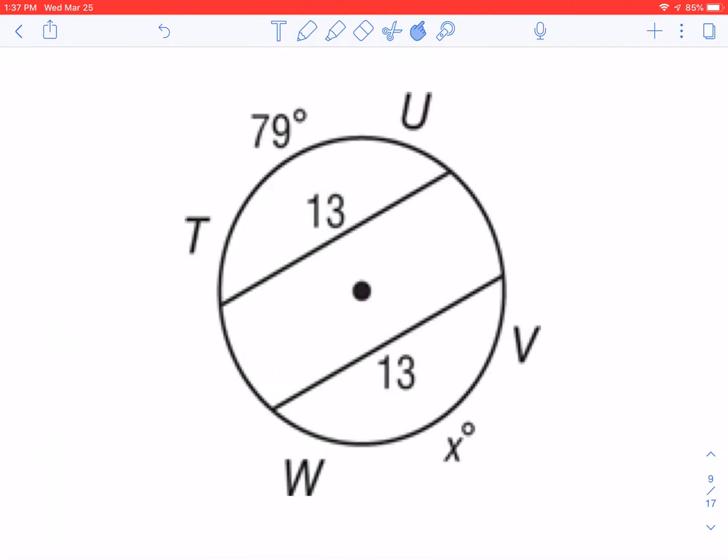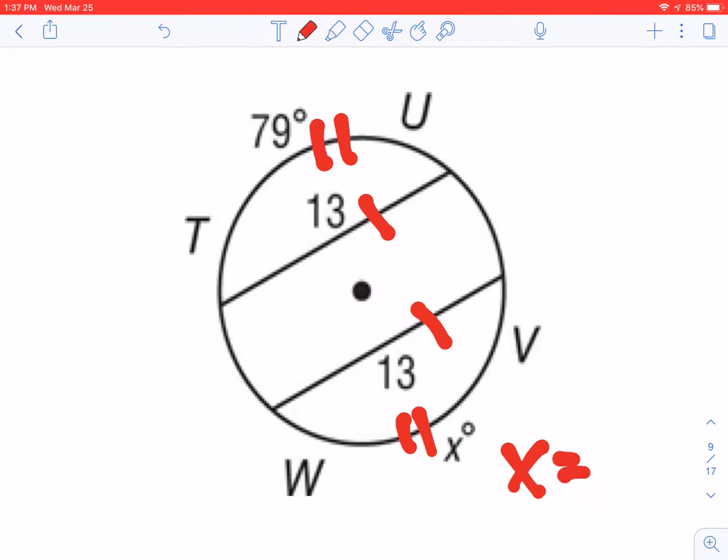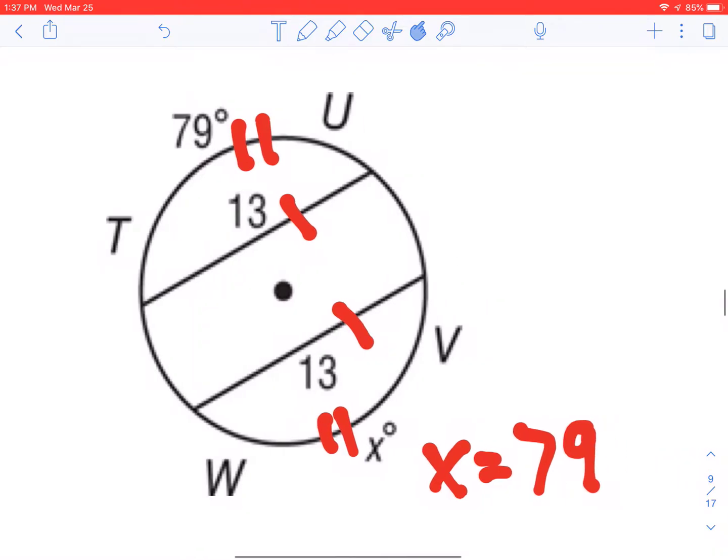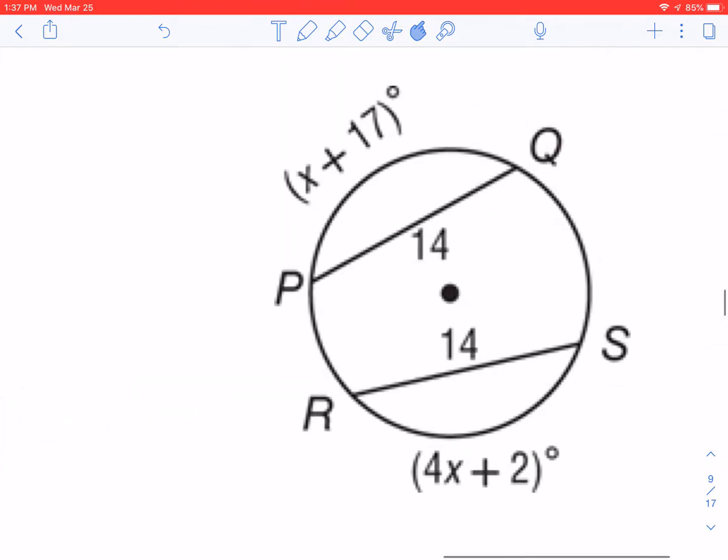Since 13 is congruent to 13, then we know that 79 is congruent to x. Well, what does x equal then? x equals 79. Check it out. No algebra needed. I just had to know that those two were equal. Let's move on to the other one here.